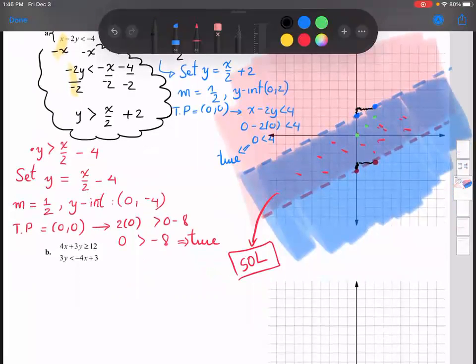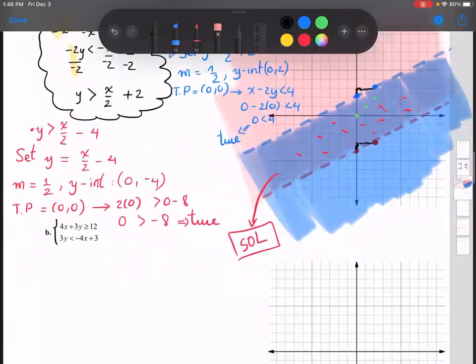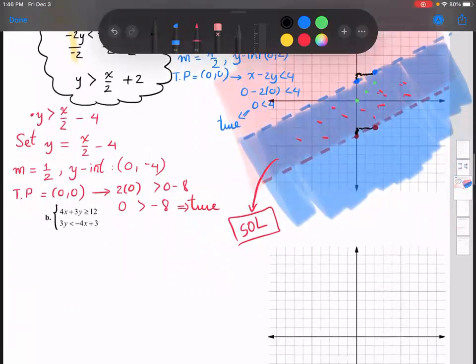Okay, part B, one more problem. Do you want to change it into y equals mx plus b or leave it like that?